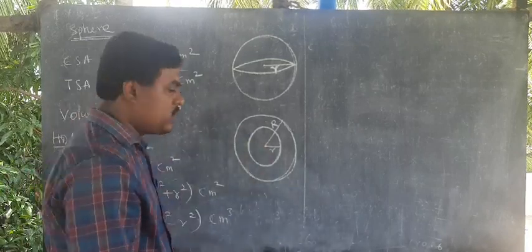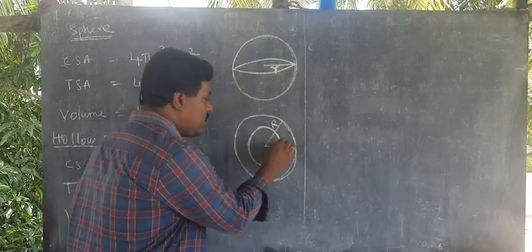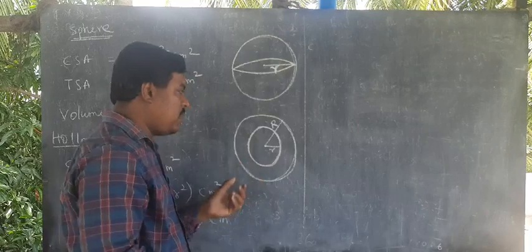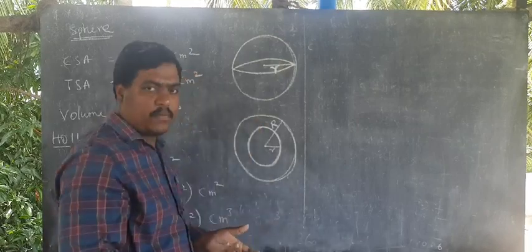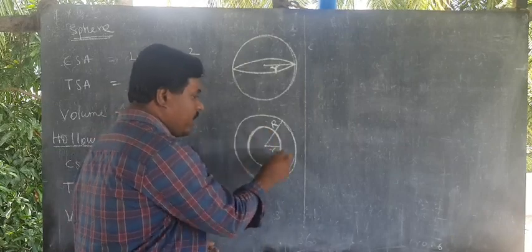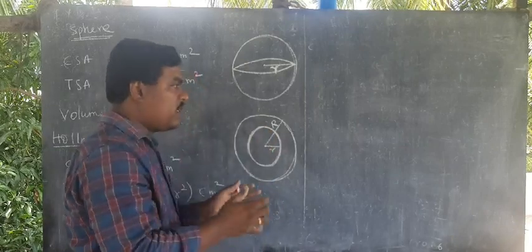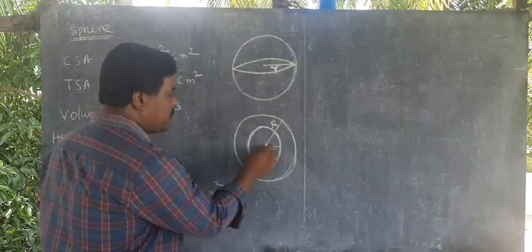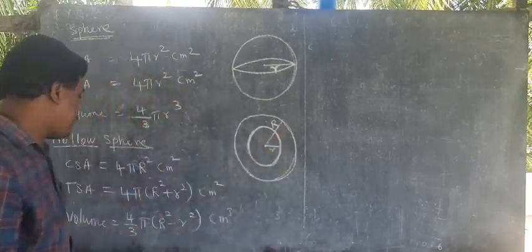The fleshy area is called small r, and the outer region is called capital R. So if we take the fleshy area out, that is called a hollow sphere. So we have one small r and one capital R.